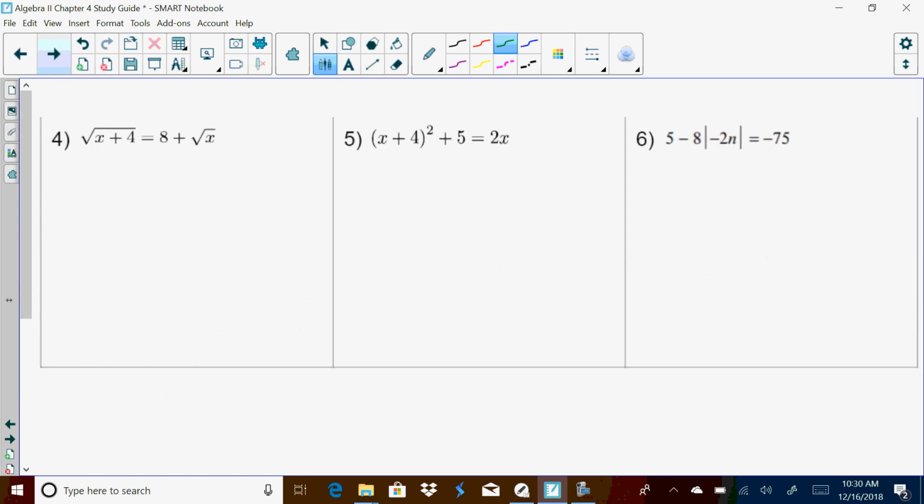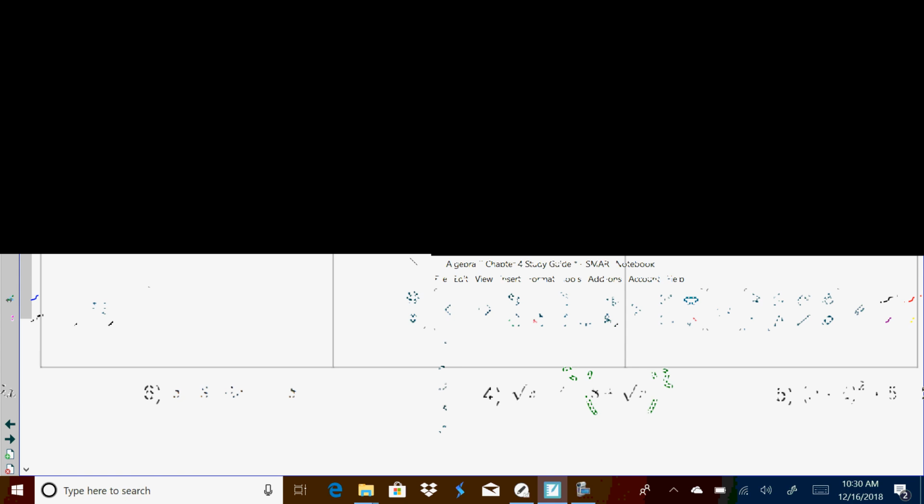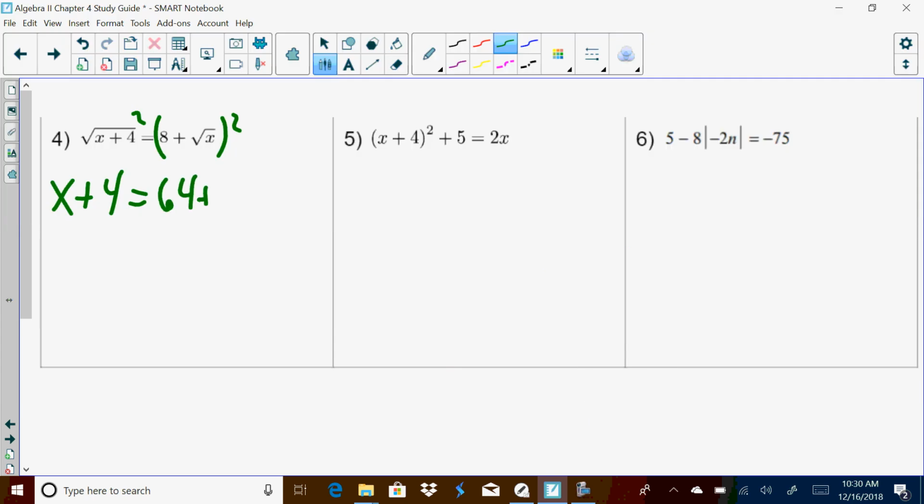For the next one, I started to solve it by squaring both sides. In order to do that, I made a box for the next one to get 64 plus 2 the square root of x plus 8, plus 16 the square root of x, plus x.